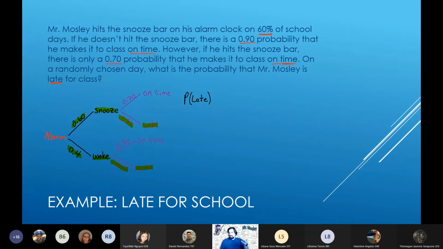Now notice I'm not using a letter notation here for this. I'm just putting in the parentheses the thing that I'm trying to find the probability of. And that's totally fine. You can write it out without doing a letter. That's your choice. If you are going to use a letter, you need to state what the letter is. Right? So if I want to say late is L, then you have to say over here let L be late for class.